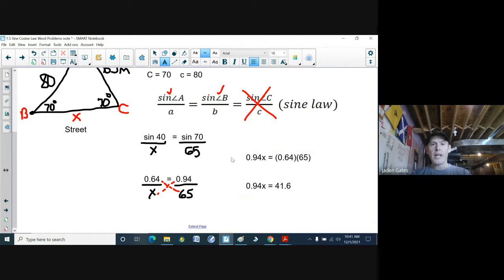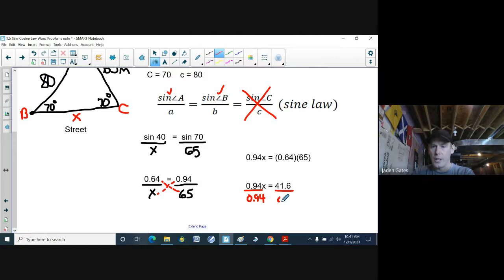All right, still want to get x by itself here, and that 0.94 is attached, so the only way to get rid of it is to divide it off. So I'm going to divide this side by 0.94. What I do to one side, I got to do to the other. And so x is going to be 41.6 divided by 0.94.